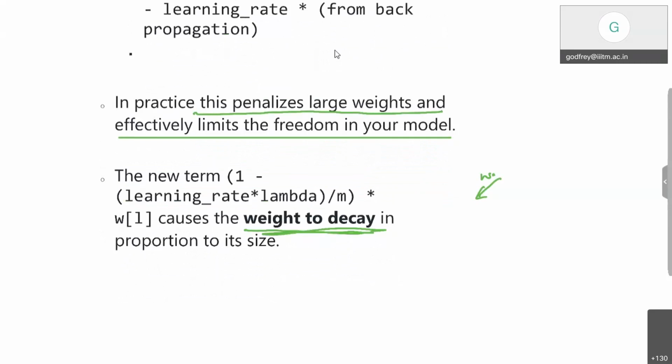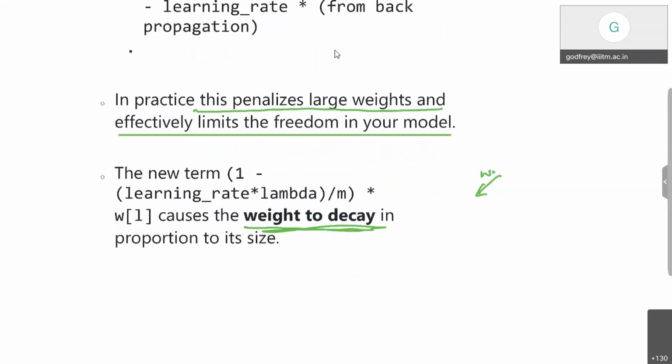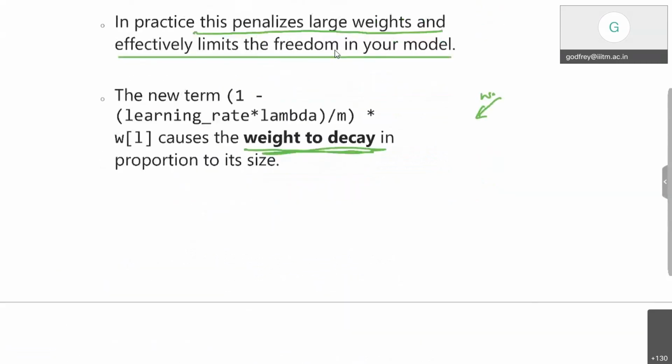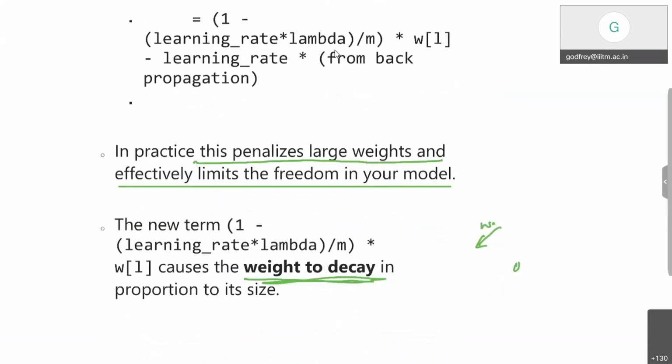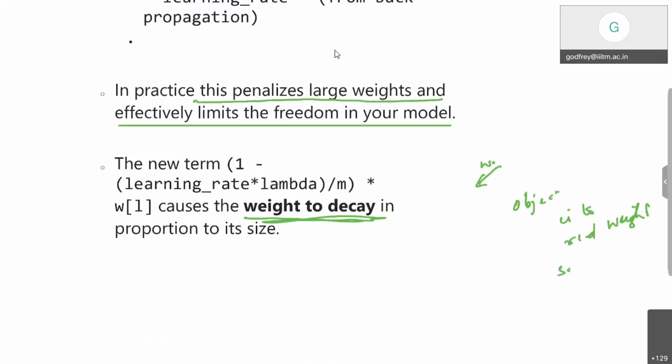If the weight is less, then it may decay less. Now this is quite straightforward in the sense that our objective itself is to reduce the weights, so make the weights suboptimal, so that you can introduce some amount of generalizability.